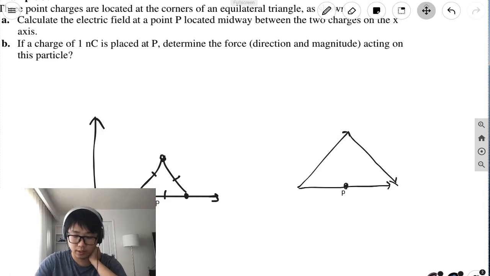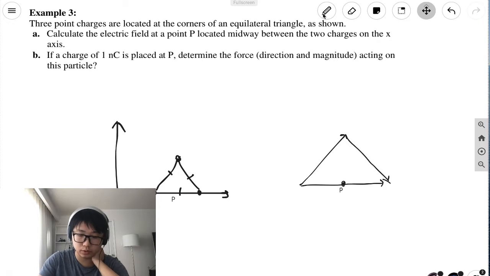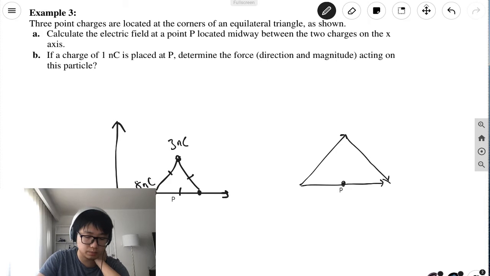Did they say different charges or the same charges? Three point charges. I need to give you the coulombs. So this is going to be 3 nanocoulombs, this one's going to be 8 nanocoulombs, and they're all positive. And this one's going to be 5 nanocoulombs.